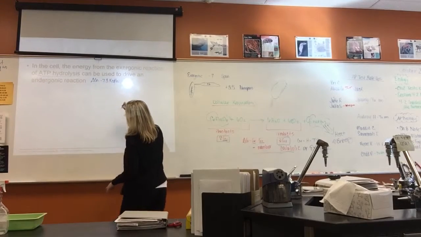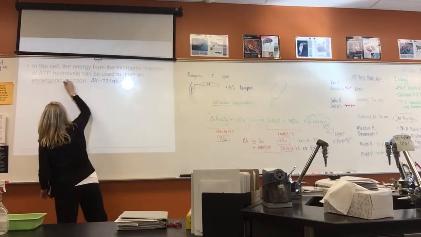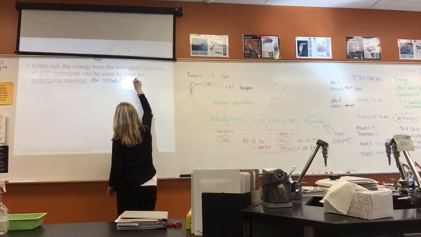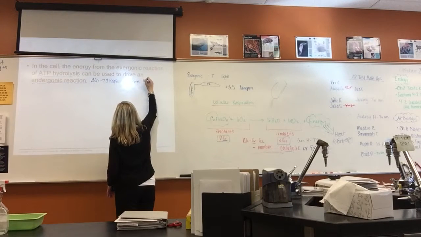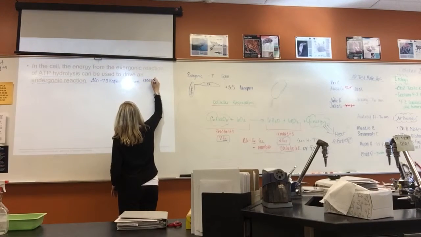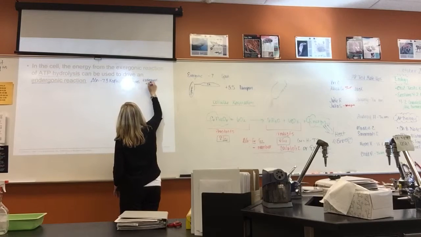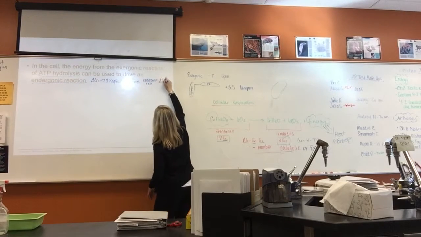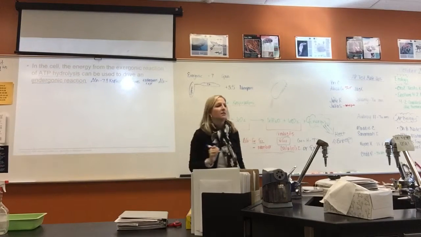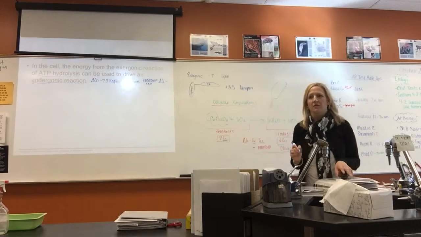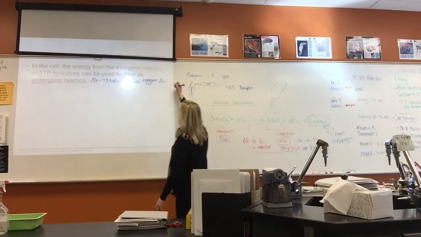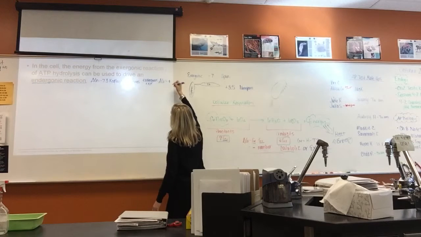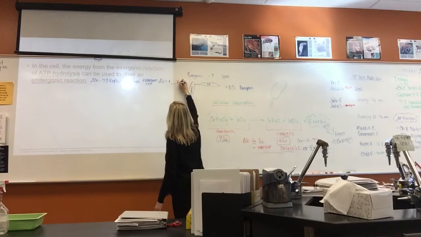This can drive an endergonic reaction. What is true about an endergonic reaction in terms of delta G? Is it going to be positive or negative? Positive, right? And the positive means that it's going to need energy. So it's going to need so many kilocalories per mole.